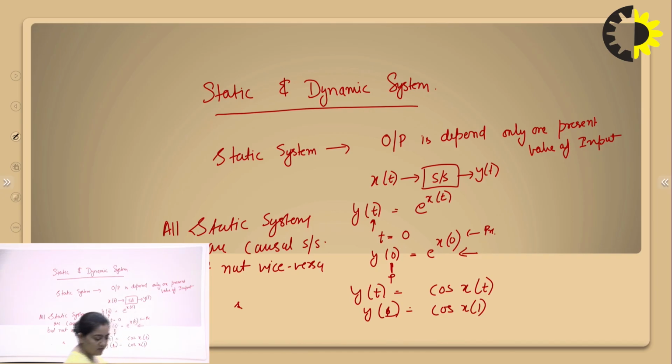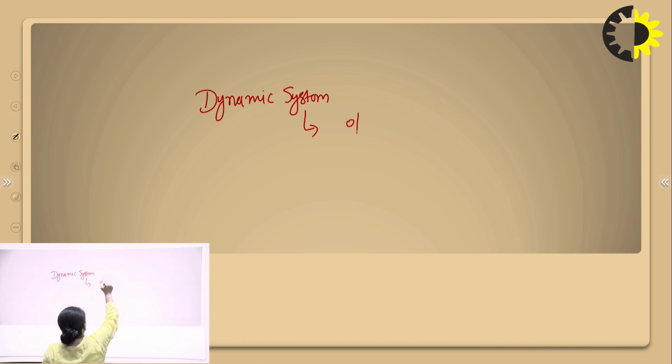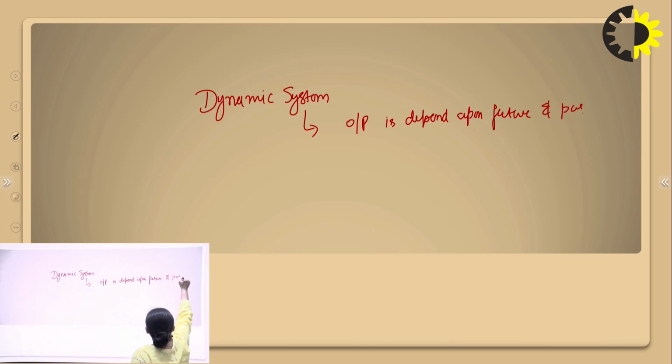Moving to the next part, that is the dynamic system. Dynamic systems are those where the output depends upon future and past values of the input as well.